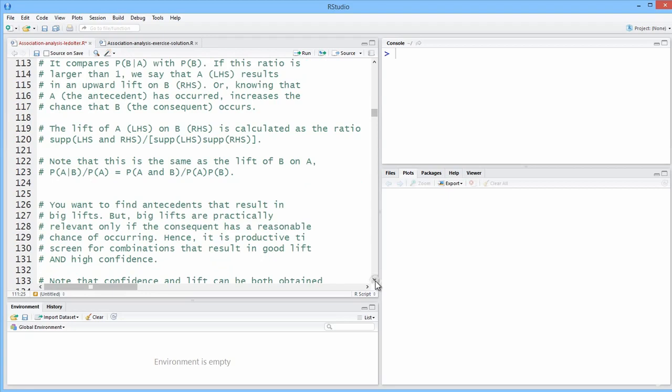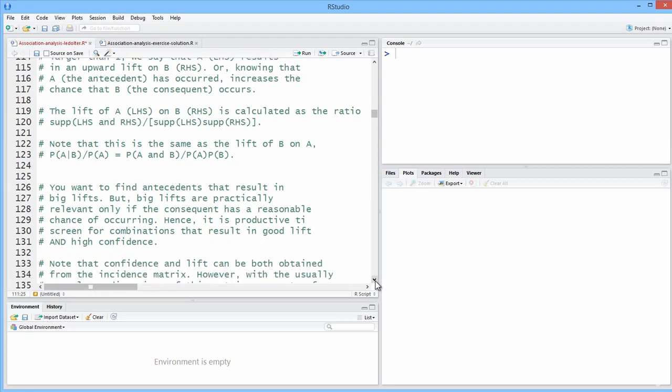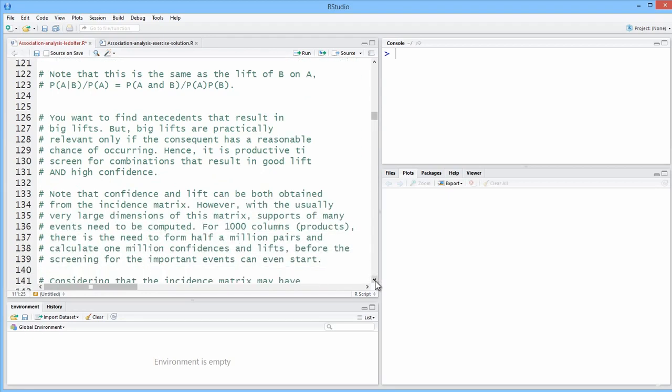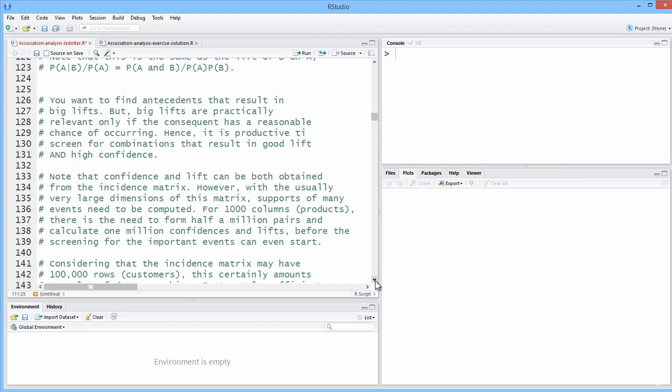Or I should say the proportion. So antecedents that have big lifts give you actionable knowledge about the consequent. And that's what you want.